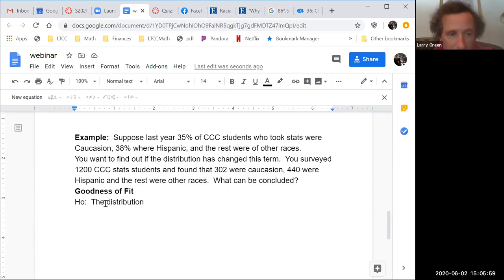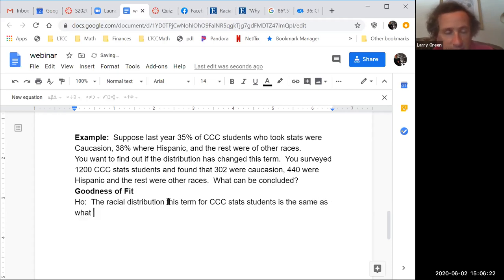Distribution, and if you want the racial distribution, this term for CCC stat students is the same as what it was last year. Any questions at all on H0?